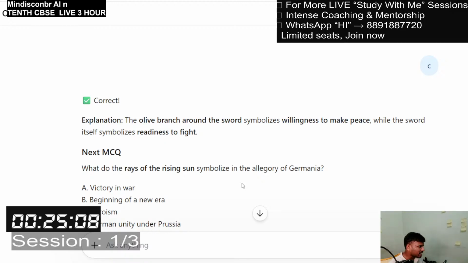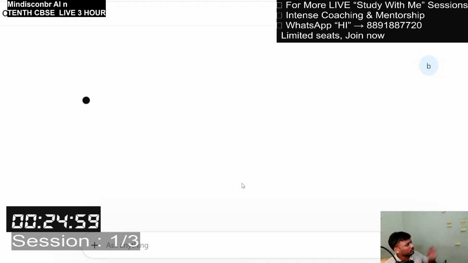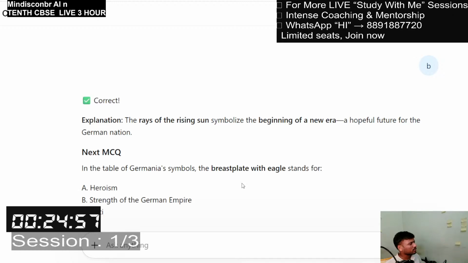What do the rays of the rising sun symbolize in the allegory of Germania? Beginning of a new era. Explanation: the rays of the rising sun symbolize the beginning of a new era, a hopeful future for the German nation.